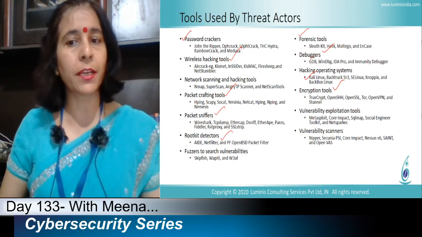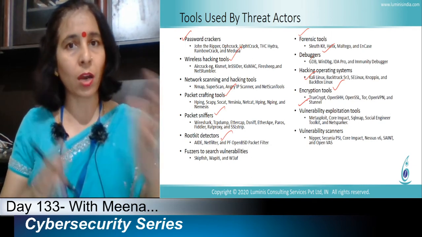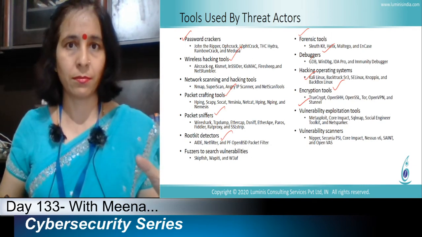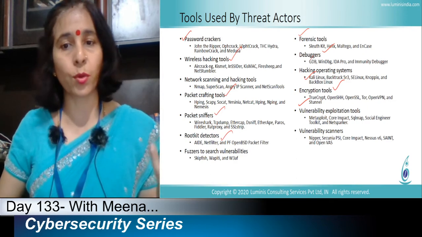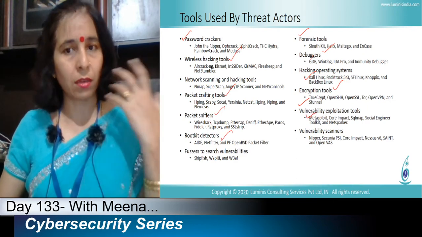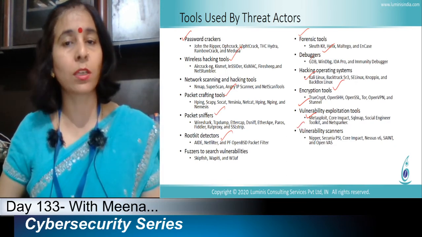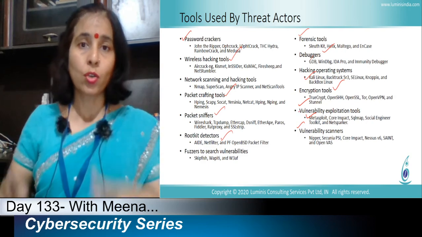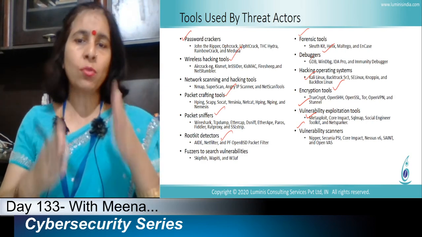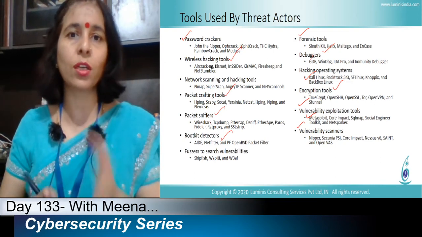For vulnerability exploitation, they find vulnerabilities and now need to exploit them. Metasploit is one of the very famous tools threat actors use, and there are also vulnerability scanners that scan for what type of vulnerability exists.